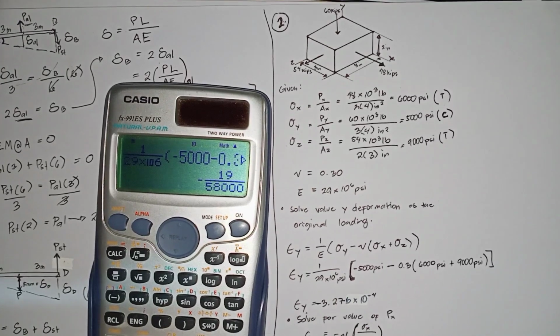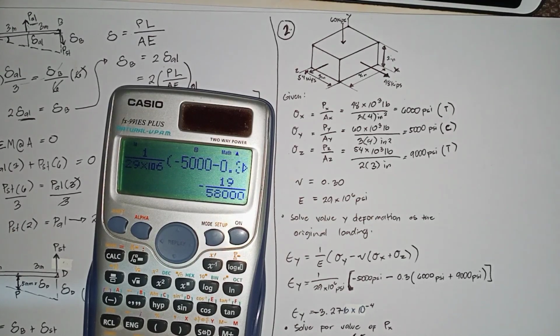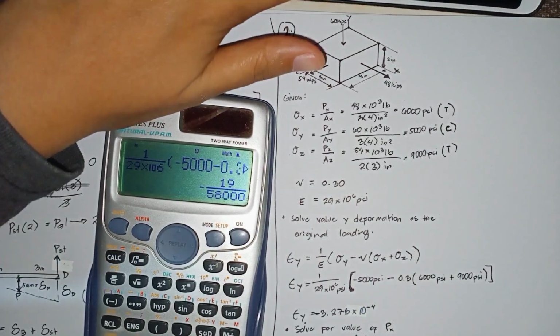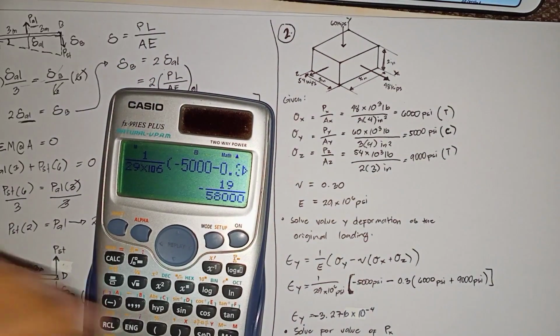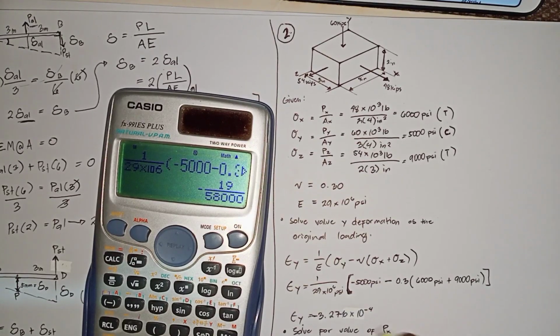Bale, substitute lang natin yung value ni strain y, that is negative 3.276 times 10 raised to negative 4, and that is equal to negative nu of 0.3 multiply by stress of x.